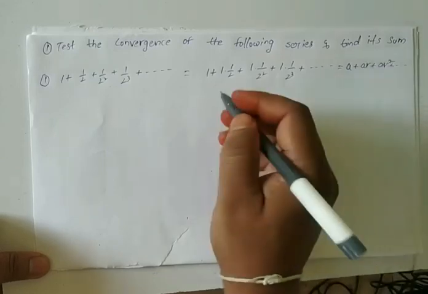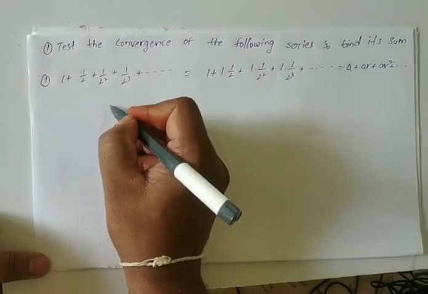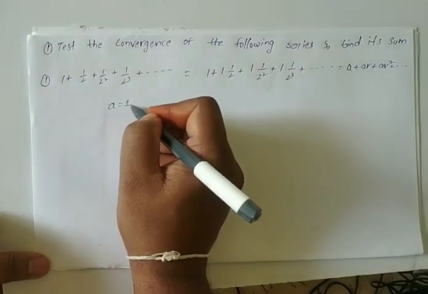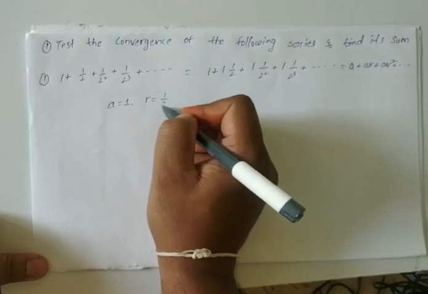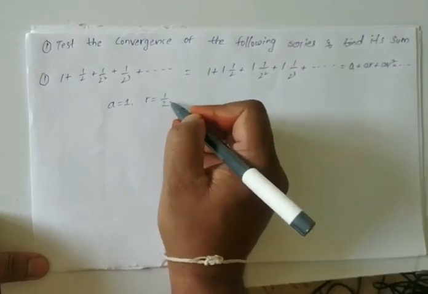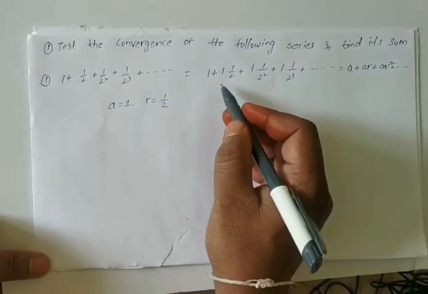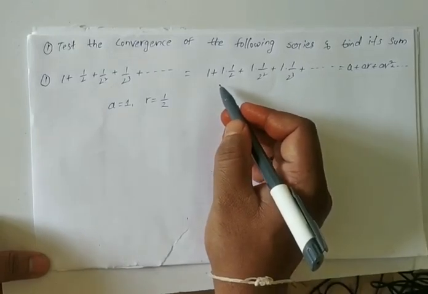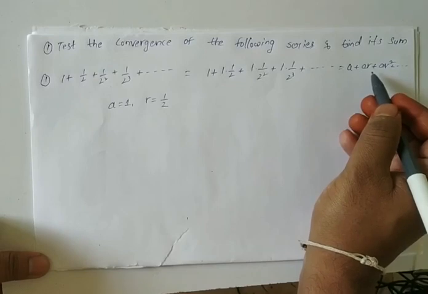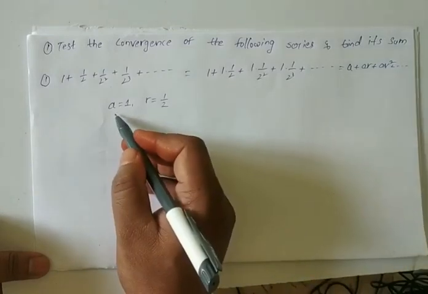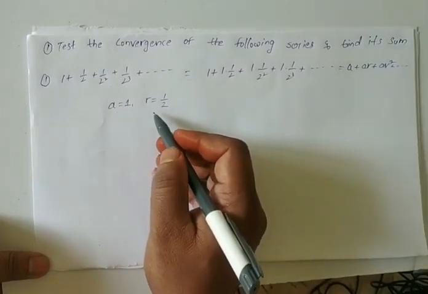So by comparing these two series, we get the values a is 1, r is 1 by 2. This series is a geometric series with a equal to 1 and r equal to 1 by 2.